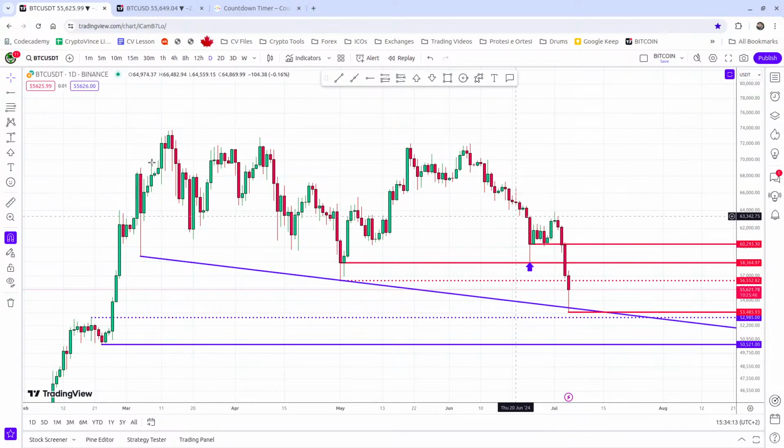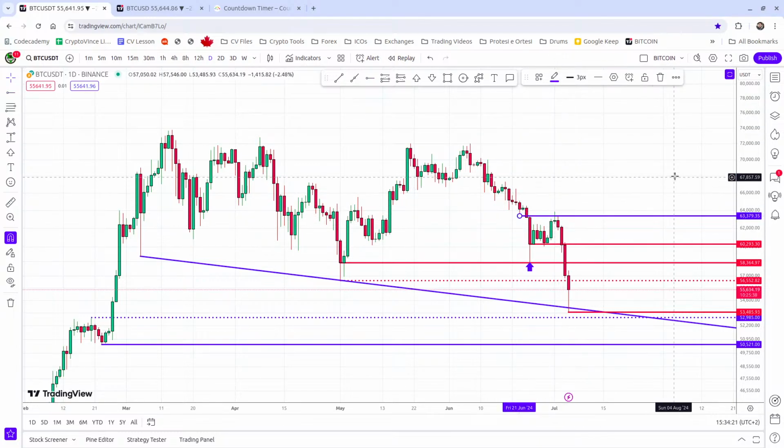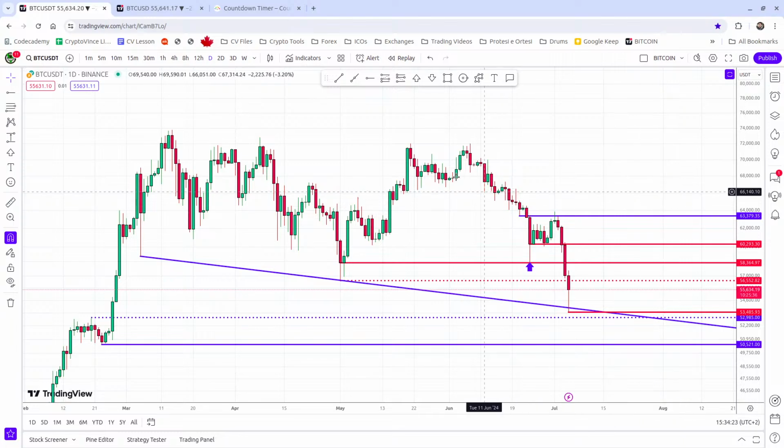Then it found resistance and dropped, and we can see that from the 1 hour time frame I traced before. I showed you guys in the channel.